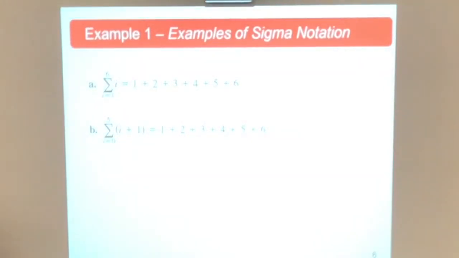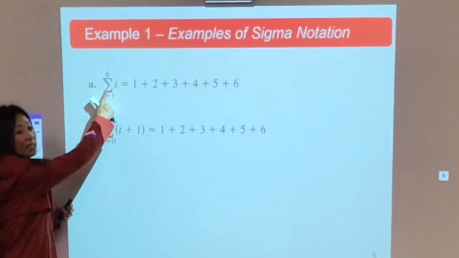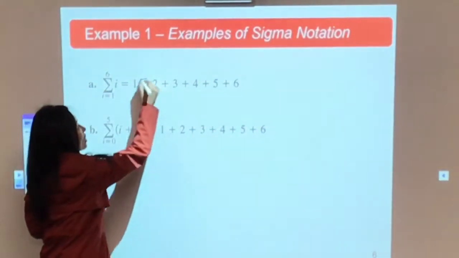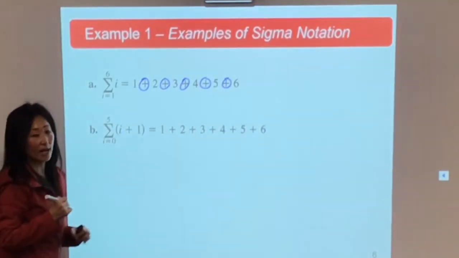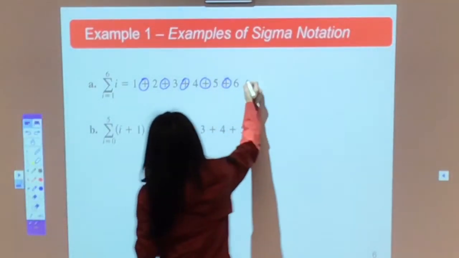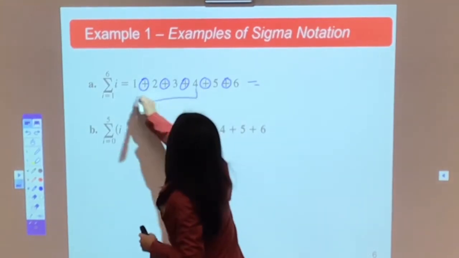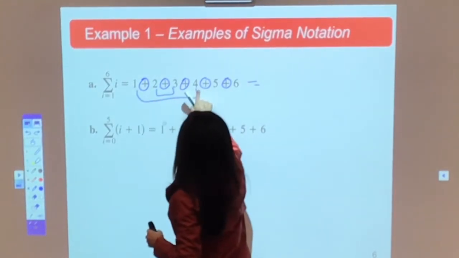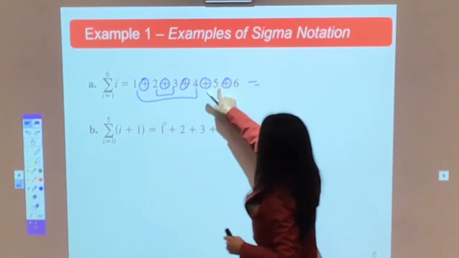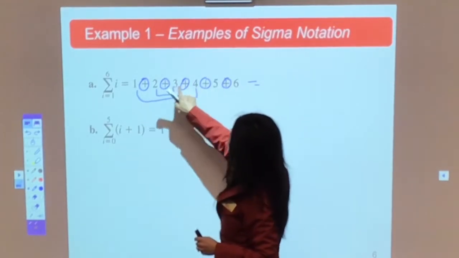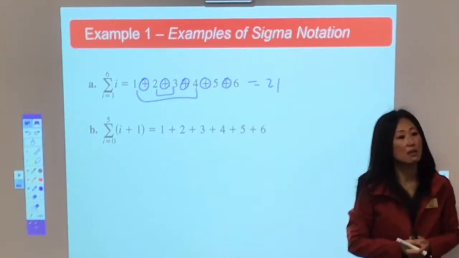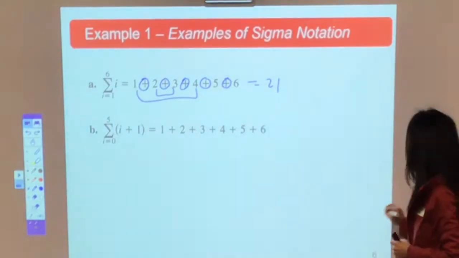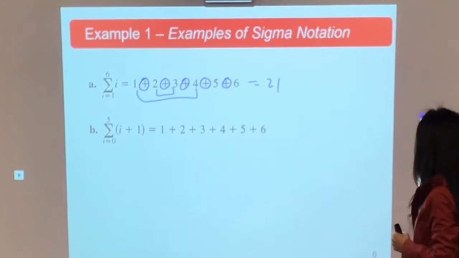This summation means adding. So you add up each result. You add this number, you get 5, 5, 10, 15, what? 21. So that's your 21. Is everybody with me?